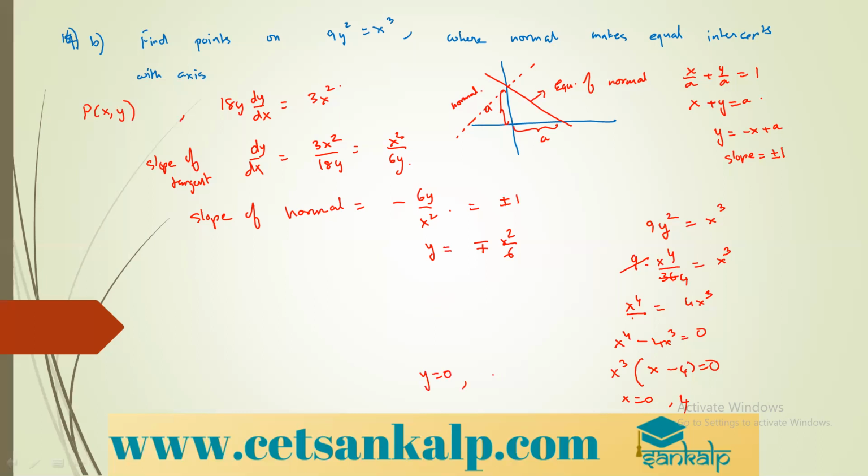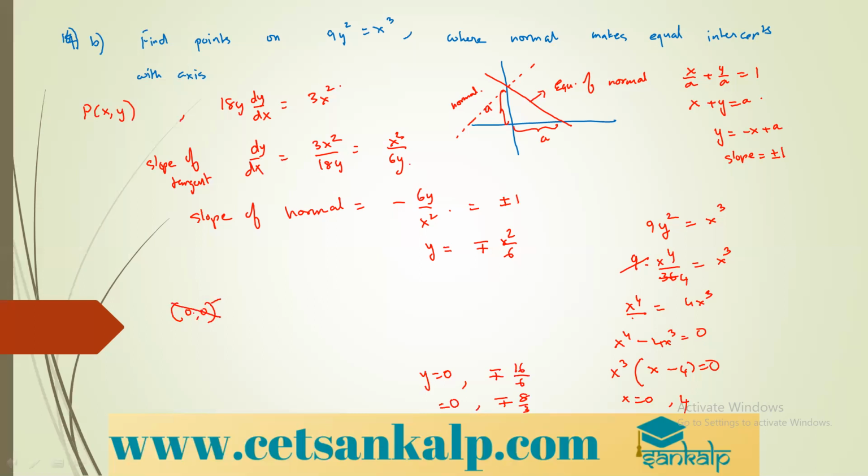When x is 4, y will be minus or plus 16 by 6, or the values of y are minus or plus 8 by 3. So for the points where the normals are drawn, we can't take 0 comma 0.